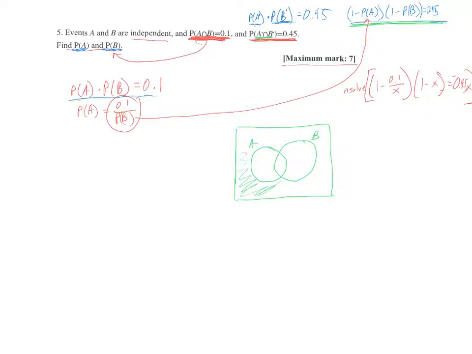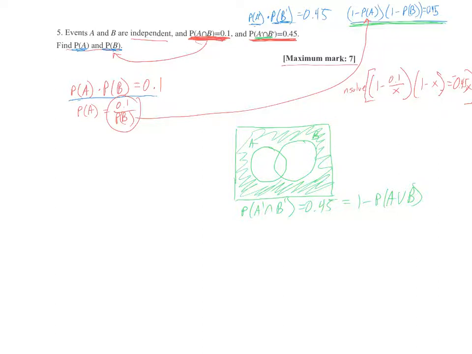So that would be everything out here. Or in other words, the probability of not A and not B equals 0.45. That's the same thing as 1 minus the probability of A union B, right? Now that is helpful, okay?